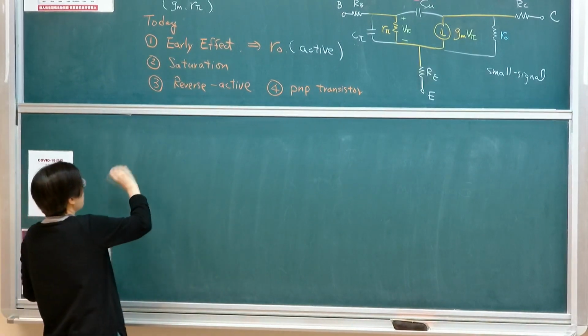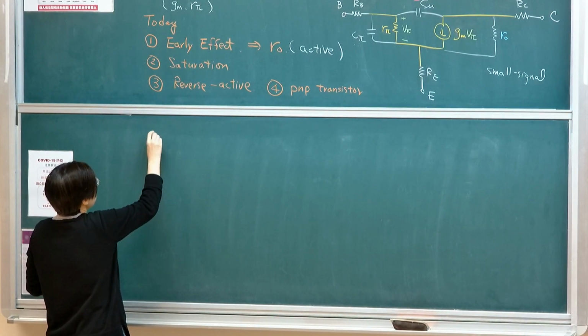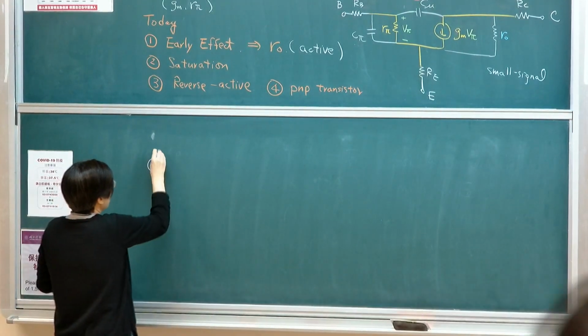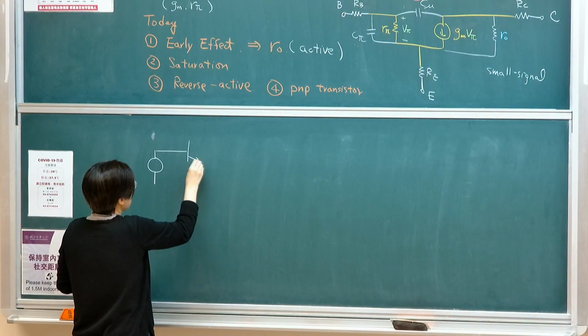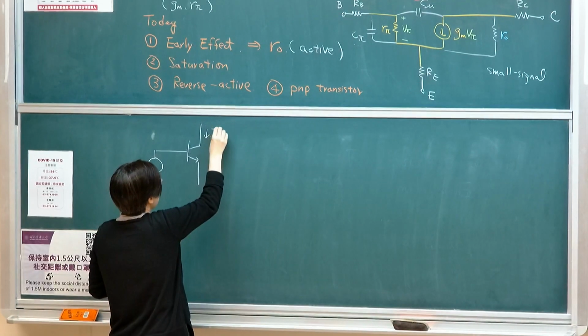I'm going to start by giving an example. Let's say we start by testing the transistors, looking at the output characteristics.